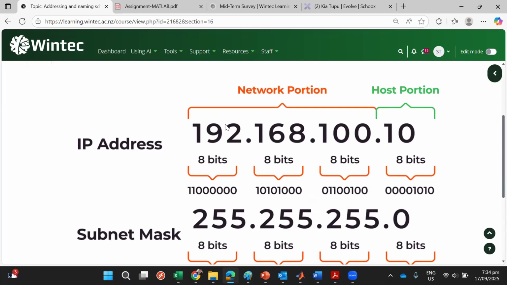It's a 4-digit decimal number separated by dots.